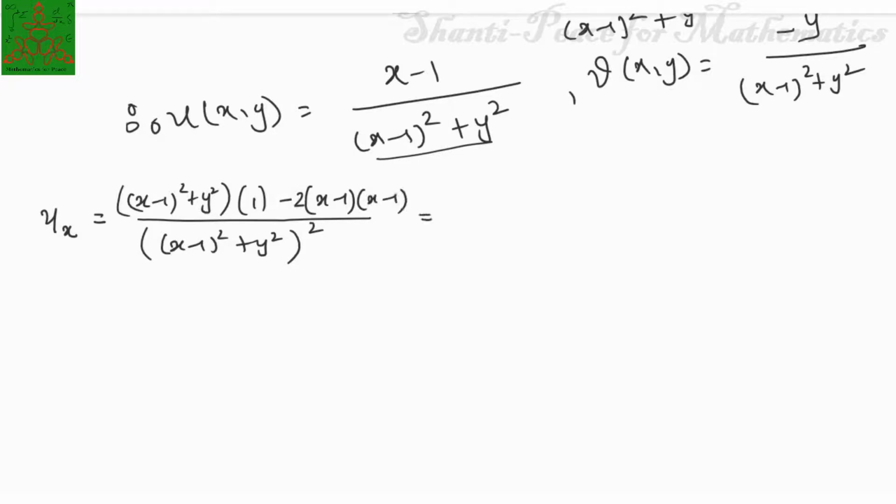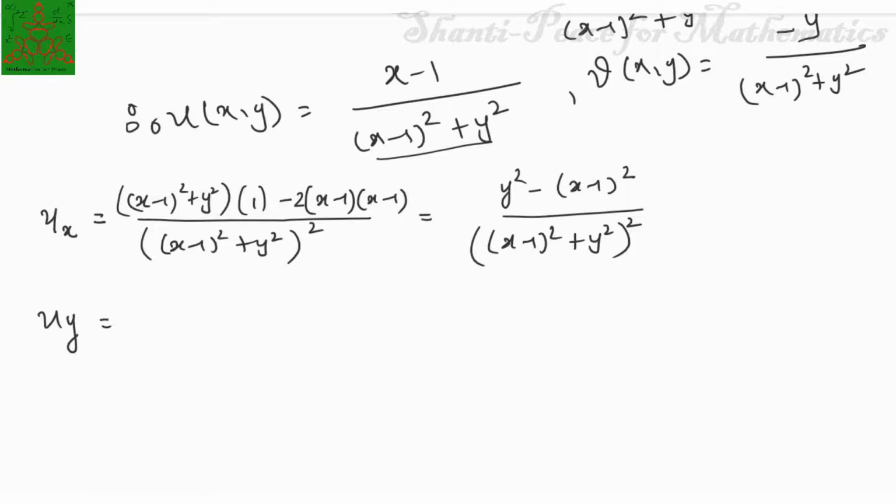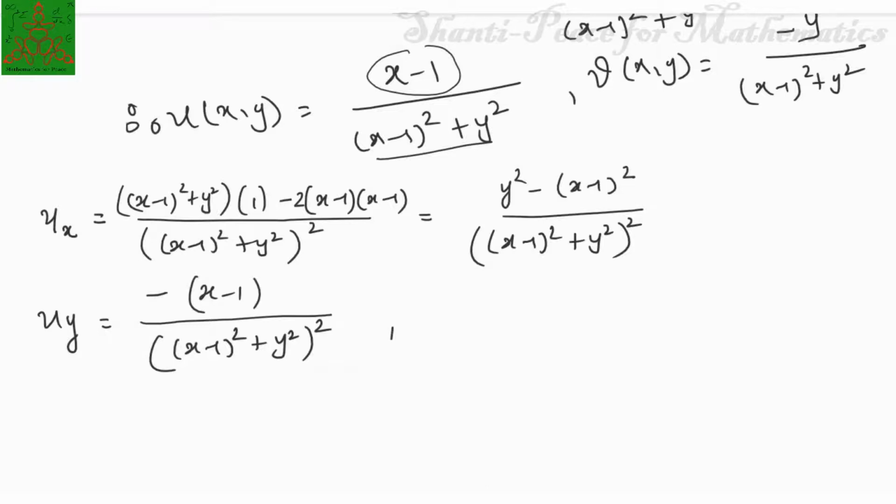So if you simplify this quantity, you will have y square minus x minus 1 square upon x minus 1 square plus y square whole square, and uy in the similar manner, since the derivative of 1 upon z is minus 1 upon z square, it is minus 2 times x minus 1 times y upon x minus 1 square plus y square whole square. Now let us calculate what is vx.